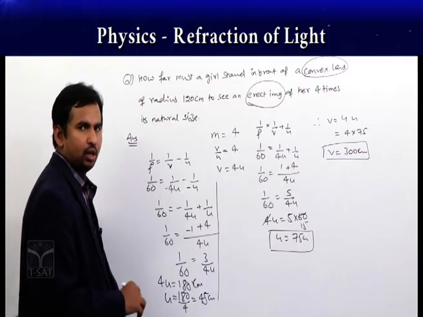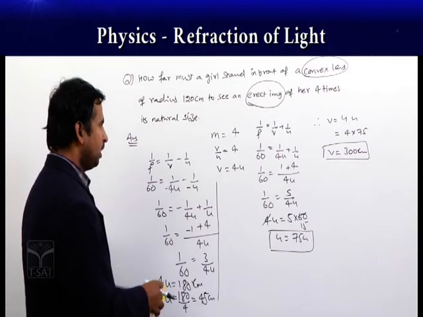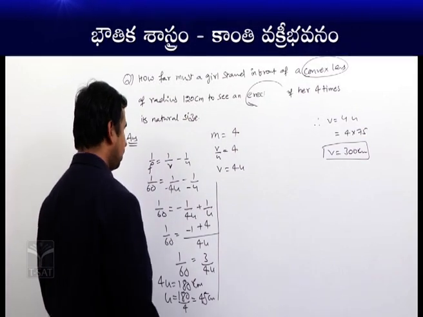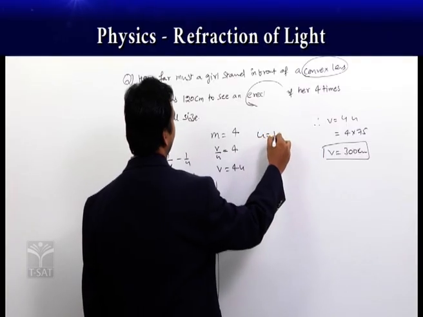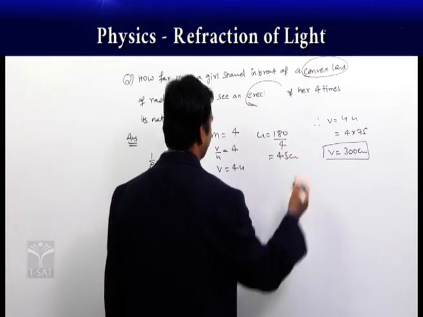So the object distance we got is 180 by 4, which is 45 centimeters.